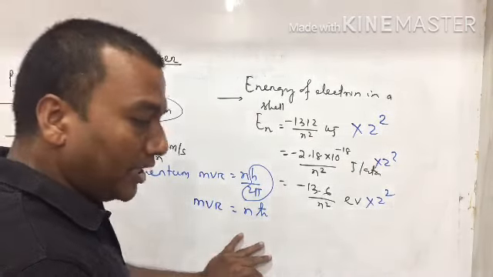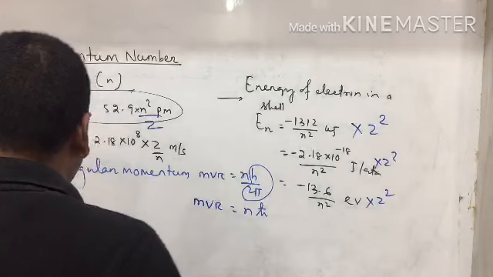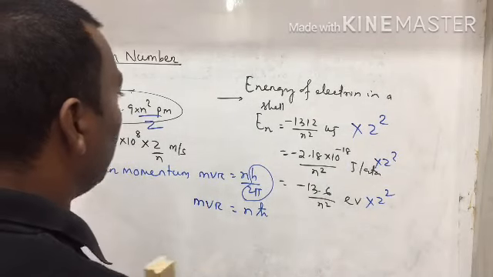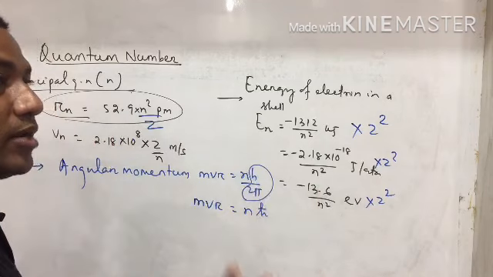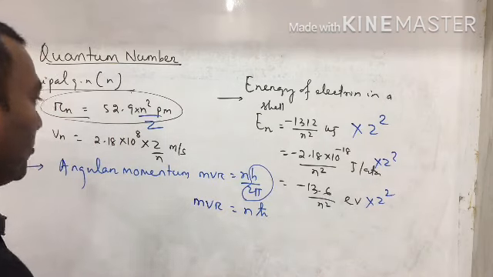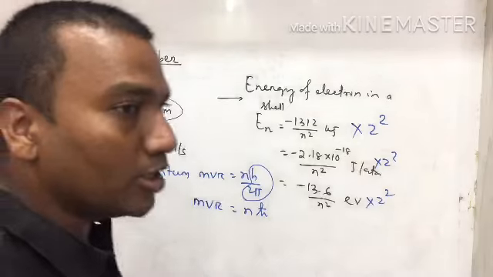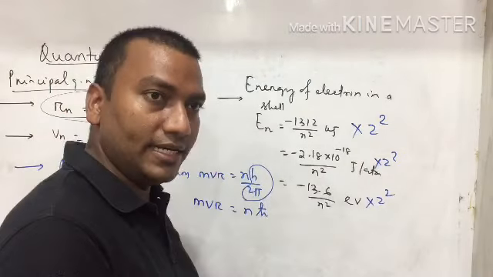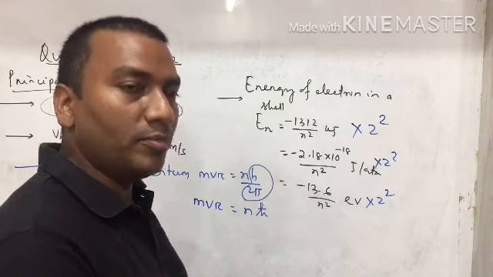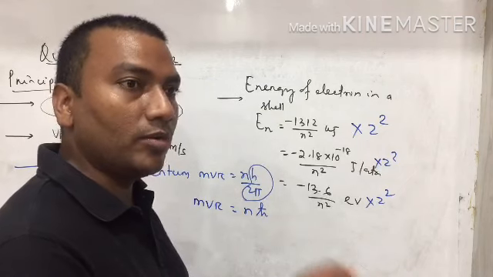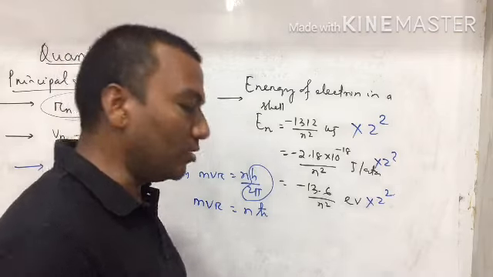Clear now? But there is one shortcut. How can we remember the angular momentum? Because all four quantum numbers explain the angular momentum. Principal quantum number explains the angular momentum of an electron in a cell, azimuthal in a subcell, magnetic in an orbital, and spin quantum number using the spin part.